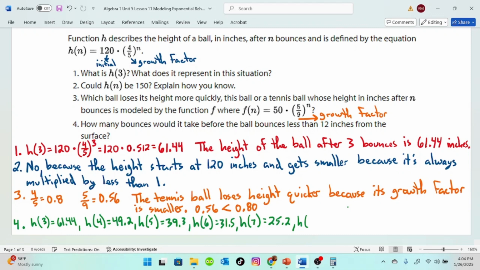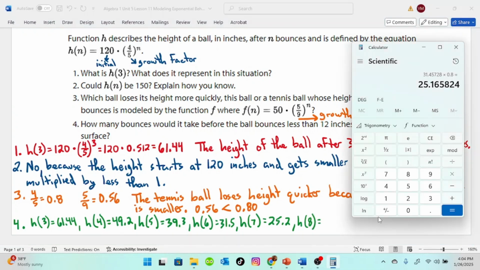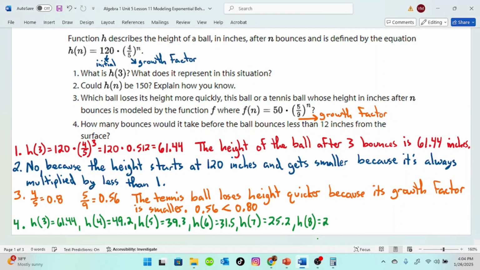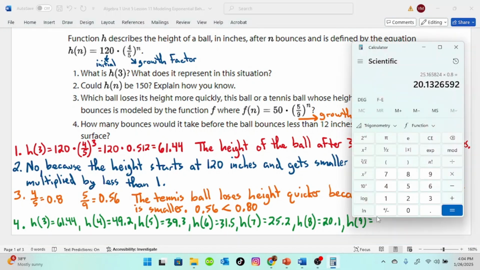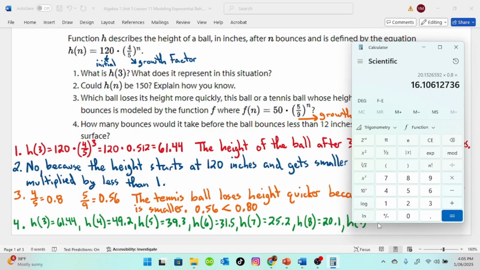Let's go for an 8th bounce. Multiply again by 0.8. We're down to 20.1. Let's go for a 9th bounce. Multiply by 0.8. We're down to 16.1.